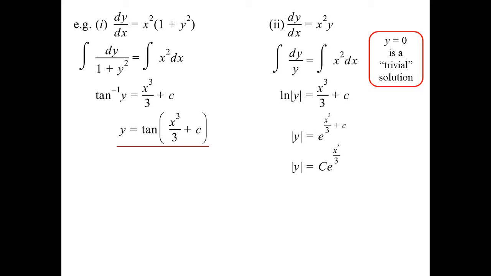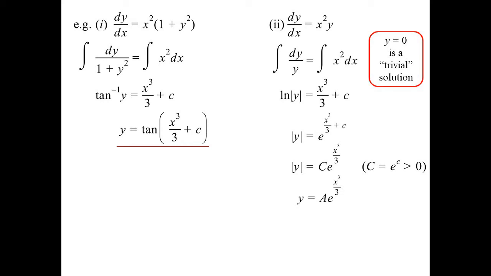But then using our log laws, e to the power of c is going to be a constant anyway. It's a positive constant, so everything's fine. Does it really matter? Well, we are saying the absolute value of y is equal to that, so I suppose it is important for that to be a positive number. But it's all good: C e to the power of x cubed on 3.